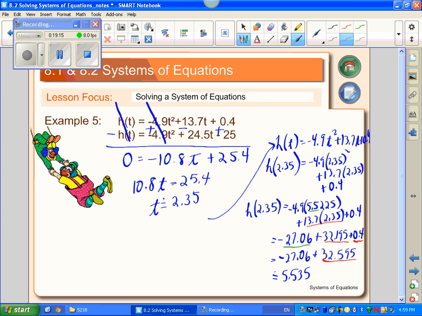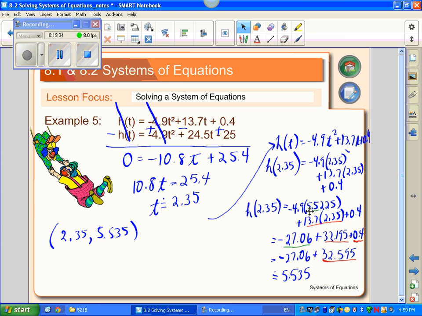Subtracting 27.06 gives me 5.535. We're close, right? Because there is some rounding here. So my ordered pair is 2.35 and 5.535.